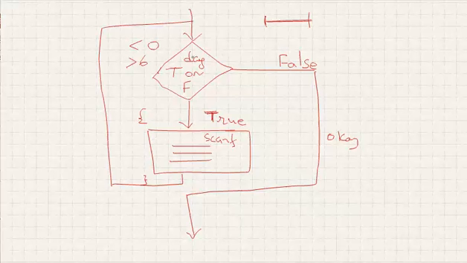You check the condition, then you do the execution of the block. If it is true, you do it. If it's false, you wouldn't do it. So that is a simple example of a while statement. All right.